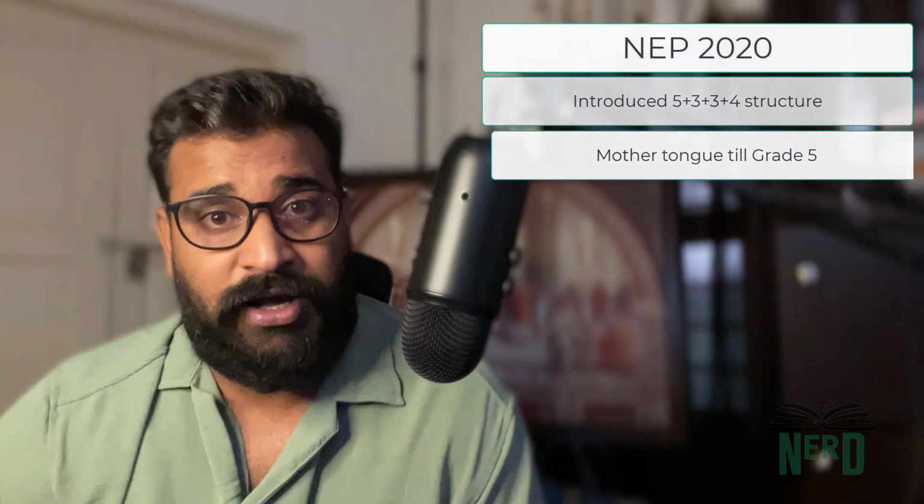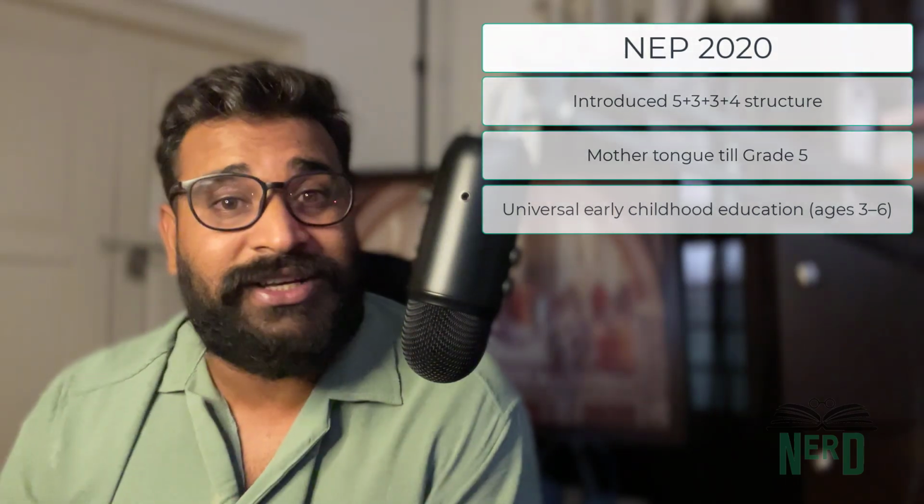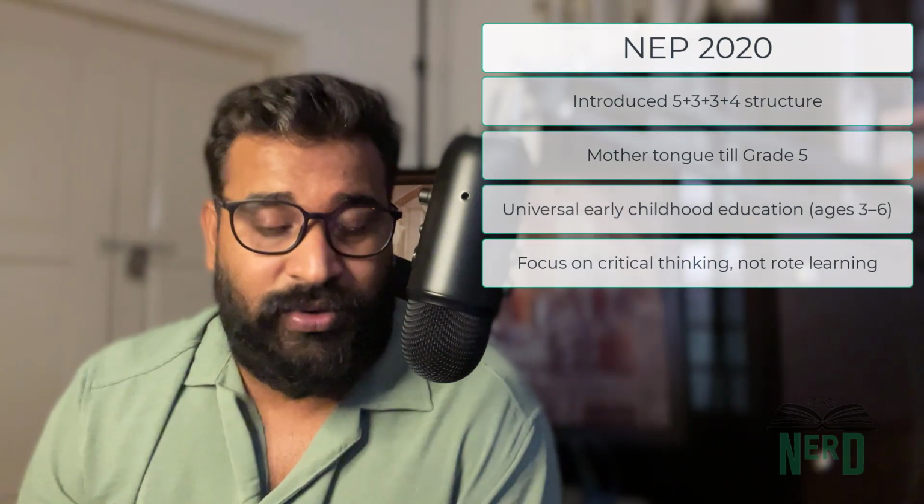country. So one of the most important policy in our recent time was NEP 2020, India's most transformative education reform in decades. Introduced 5 plus 3 plus 3 plus 4 education structure, foundation for secondary, mother tongue till grade 5, universal early childhood education age 3 to 6, focus on critical thinking, not rote learning.